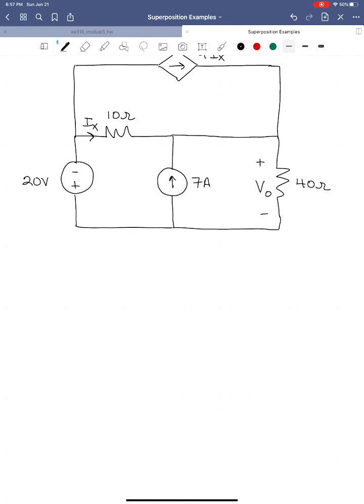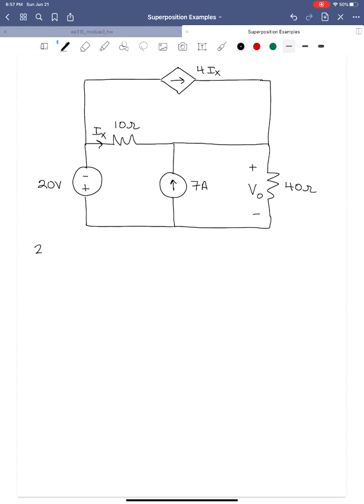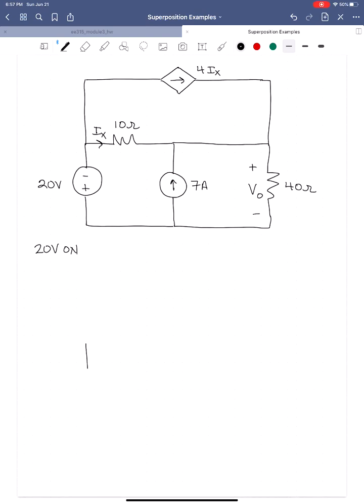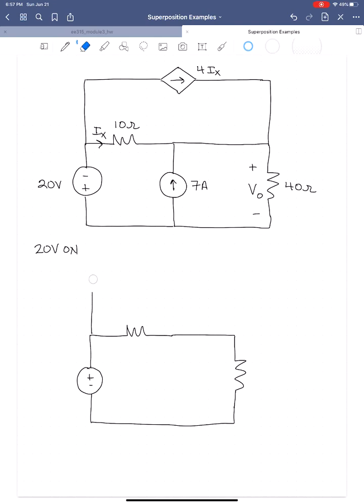Okay, so let's see how we handle this. Let's start with the 20 volt source on. We'll have the 20 volt source, the 10 ohm resistor, an open circuit where the 7 amp source is, the 40 ohm resistor, and the 4Ix dependent source.